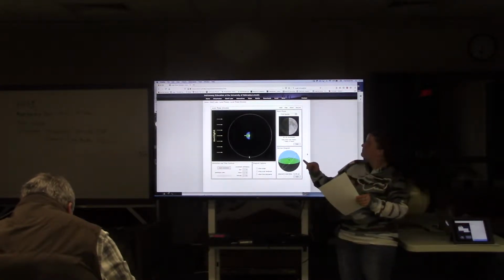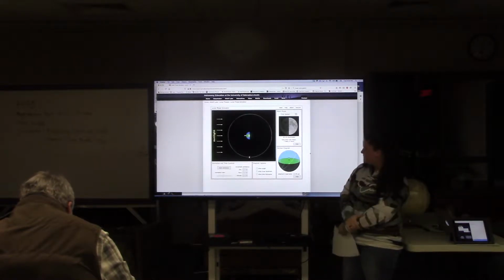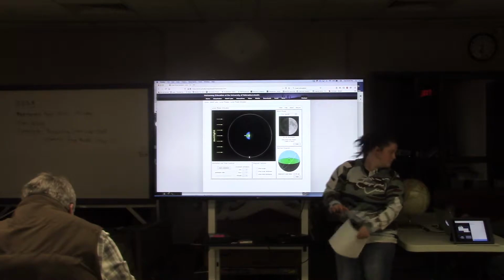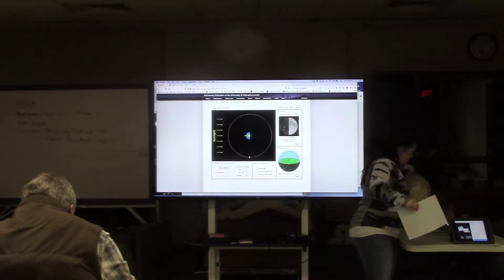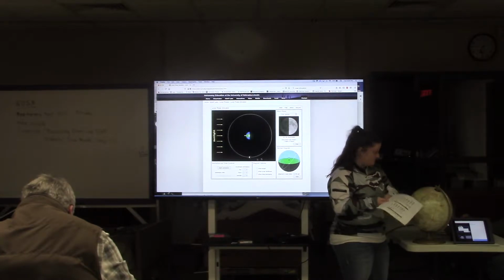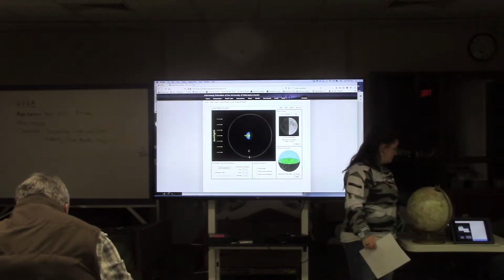Okay, so should I talk about how this simulation works real quick? Yeah, you can do that. What we're looking at is up in the upper right here, we'll look at the different phases. Then here on the big screen, we can see the orientation of the sun compared to the earth and the moon.